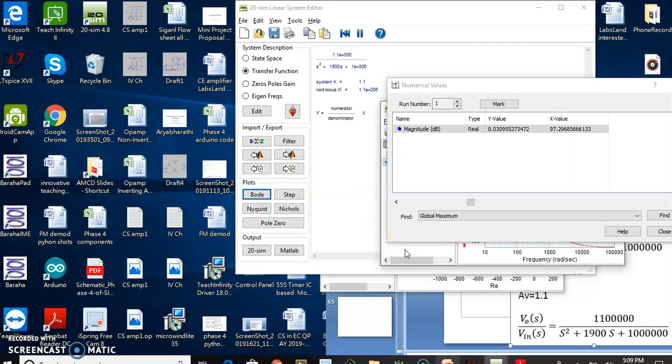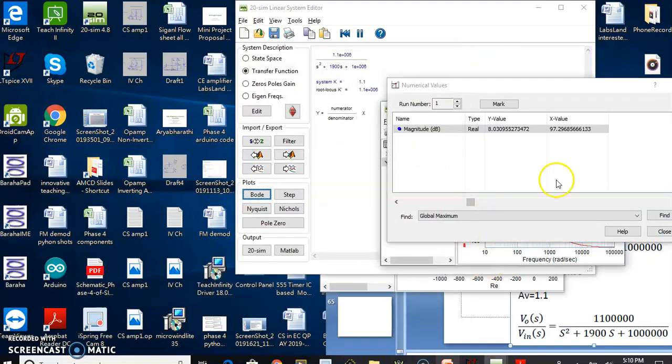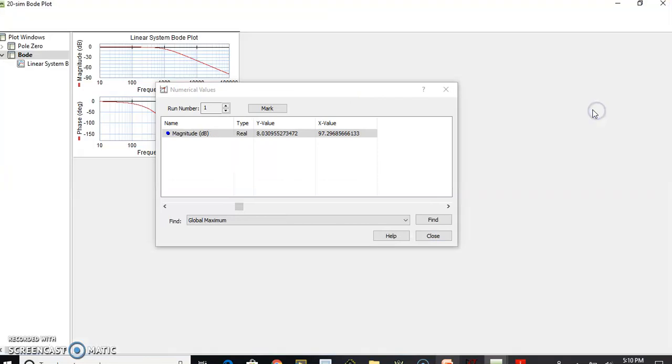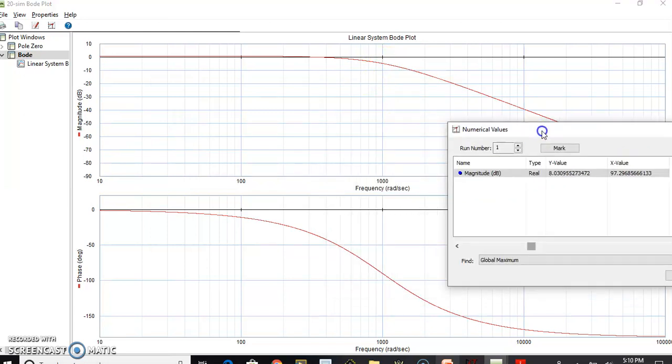Here we have the Bode plot. You can see this is not flat up to 1000, it is not close to minus 3 dB. What is the DC gain?